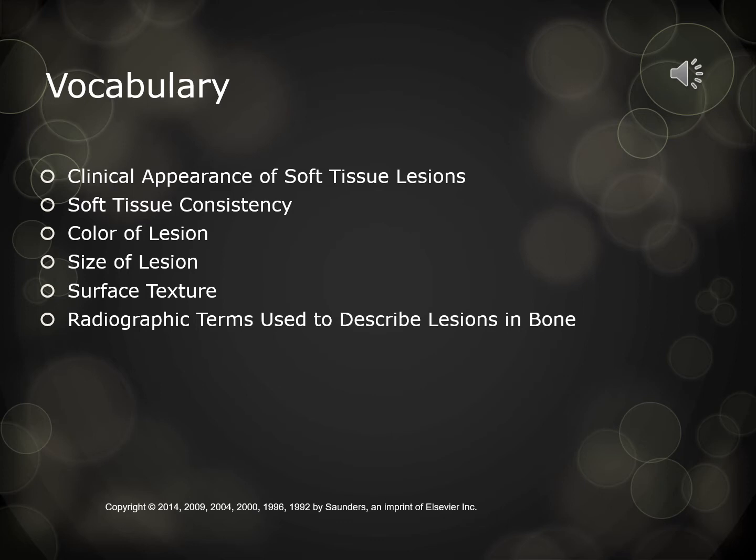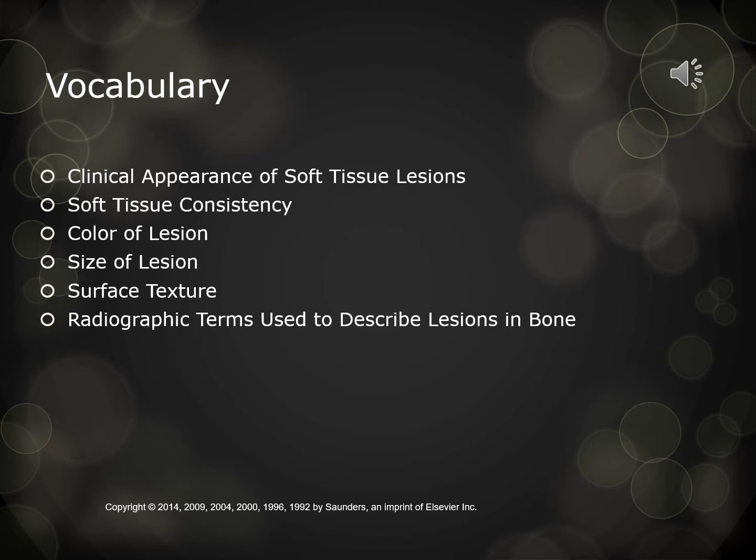Is it a nodule, or do we just feel it by palpation? What is the consistency of the tissue? Is it firm, or is it squishy, or does it move? The color of the lesion. Is it dark brown? Is it red? The size of the lesion. Is it just well circumscribed and 1 centimeter or less?